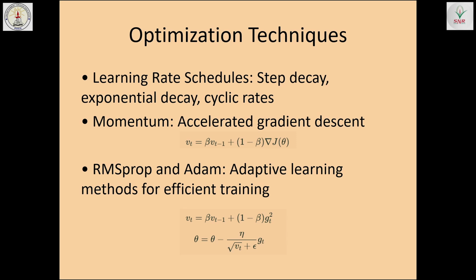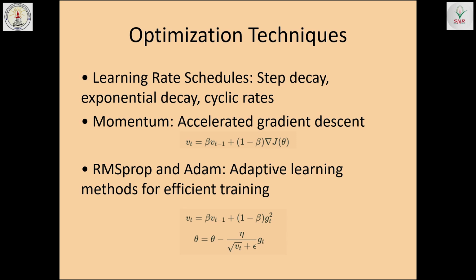What it will do is adjust the learning rate for every parameter on the basis of the recent gradient value. So the equations can be found over here. Here gt is the gradient at time t, vt is the exponentially decaying average of squared gradients, and eta is the learning rate.